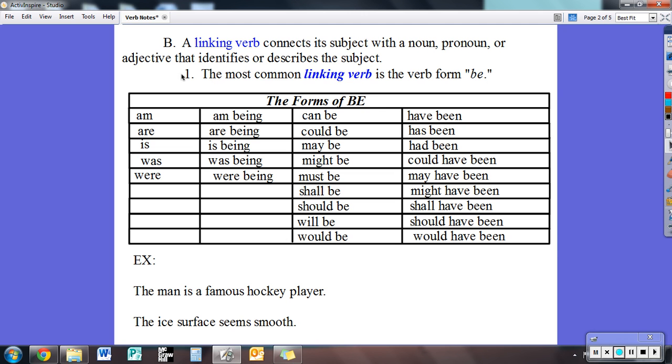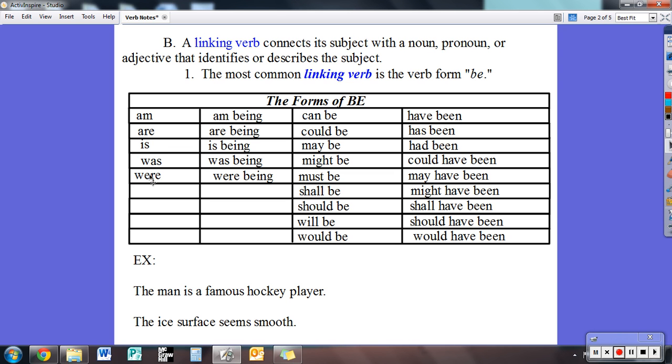And yes, I do want you to have this chart in your notes because it'll be helpful to you if you're doing work outside of class and you need a reference and you don't have your book. So yes, please put this chart in your notes. I know it's rather lengthy, but you need to know this. These are all the forms of be. Now remember, people are saying, well, why are there so many forms? It's because there's past, there's present, and there's future tense.